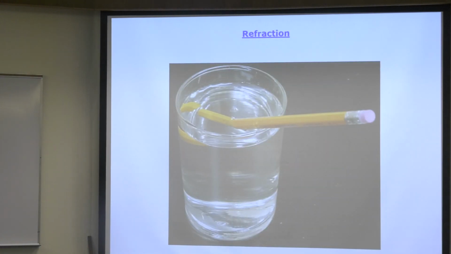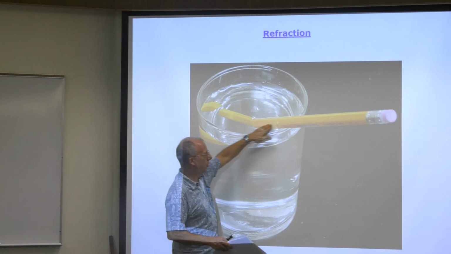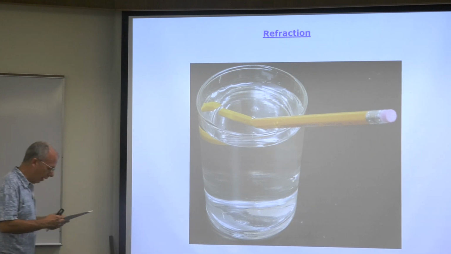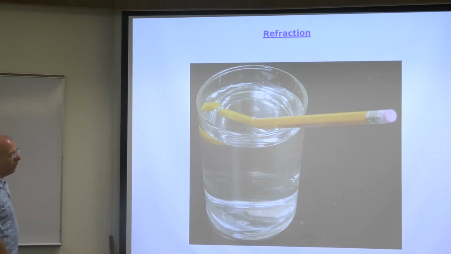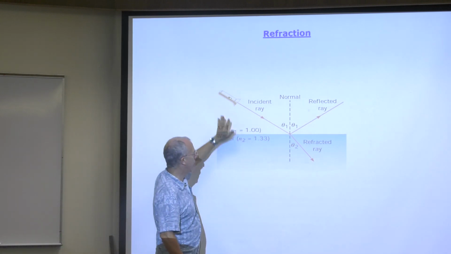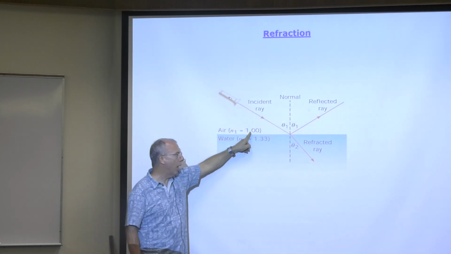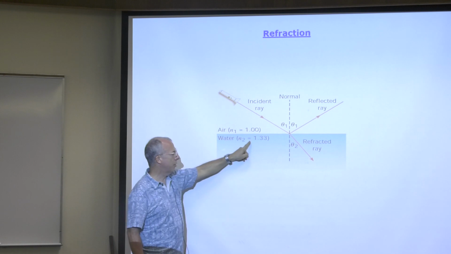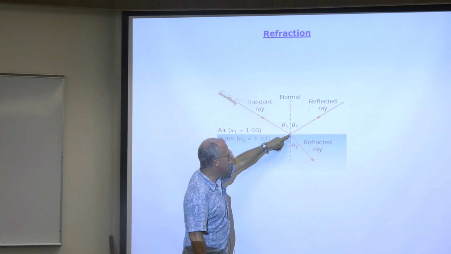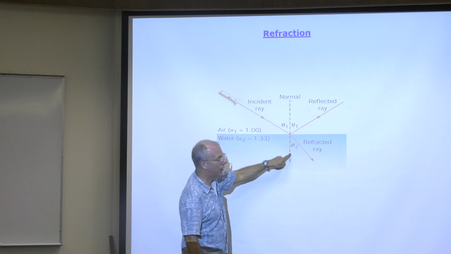All right, next, let's talk about refraction. There's a nice picture. This is an ordinary pencil, but it looks like it's bent. It's not bent, but that's what it looks like. We've all seen that. So here's air, and here's water. In air, we're going to say the index of refraction is 1. In water, the index of refraction is 1.33. Here's your incident ray, and what do you notice when it hits the water? It bends toward the normal.